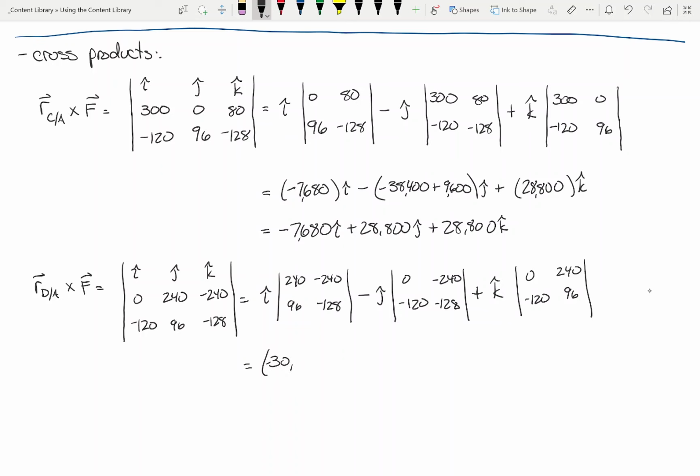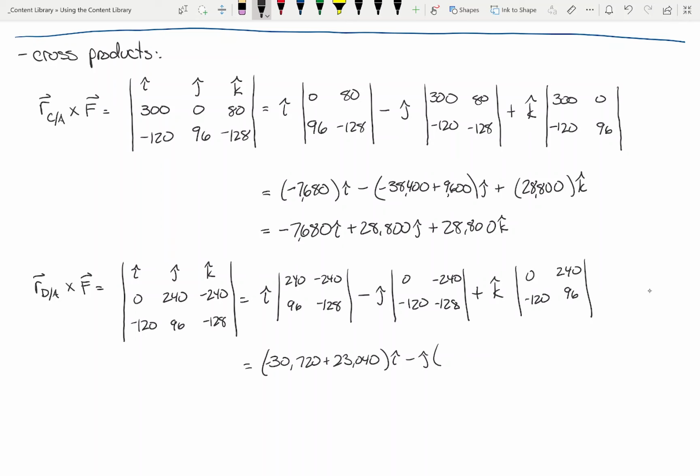So I ended up getting, let's see, negative 30,720 plus 23,040, right? Then over here, that times that minus this. That product's positive, so minus that.